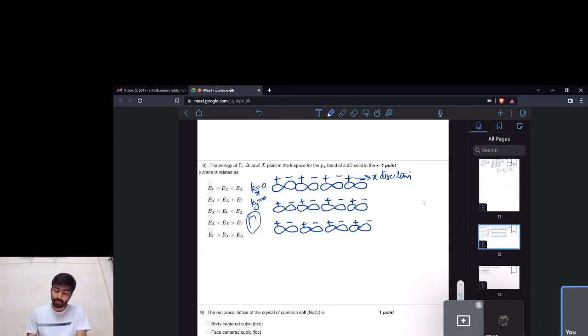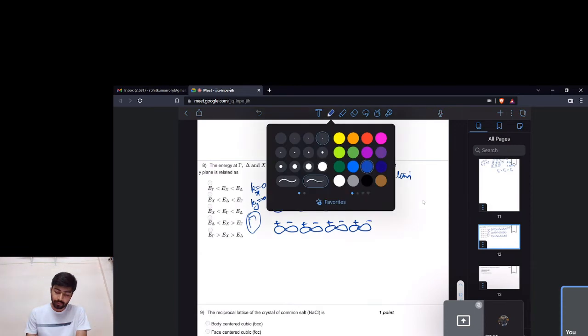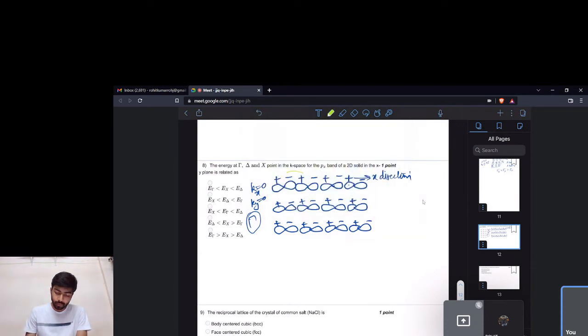Now what we can see here is that, if I take a different color, these interactions in the green color are sigma type anti-bonding interactions.